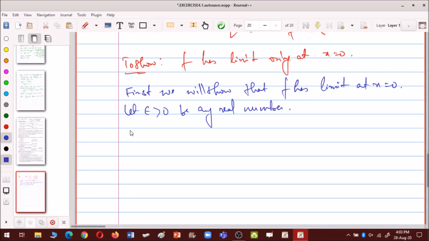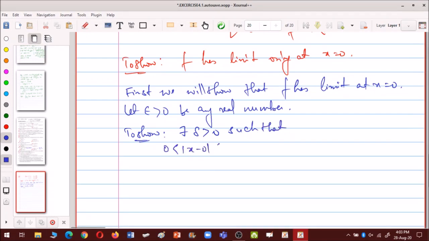Then we have to show there exists delta greater than 0 such that 0 less than |x minus 0| less than delta should imply |f(x) minus 0| is less than epsilon. We will show that f has limit 0 at x equal to 0.